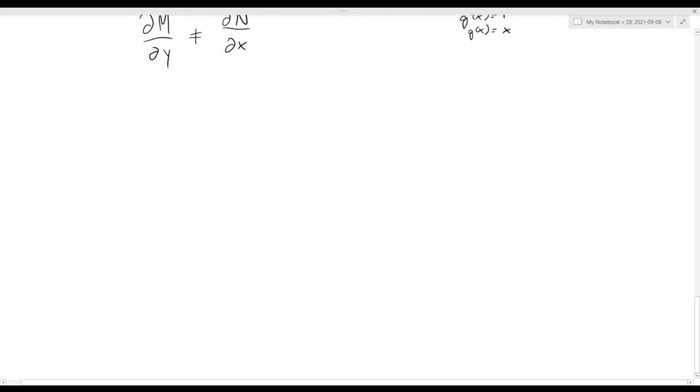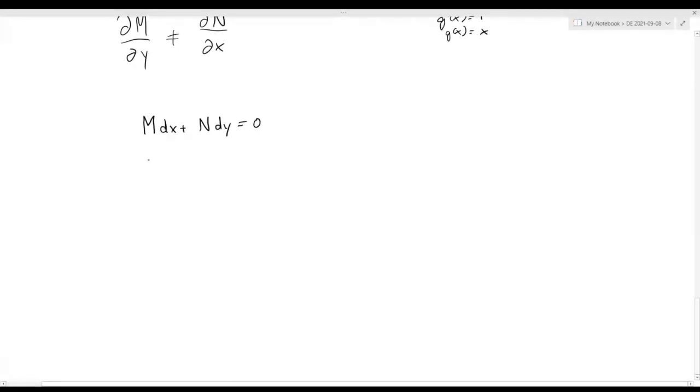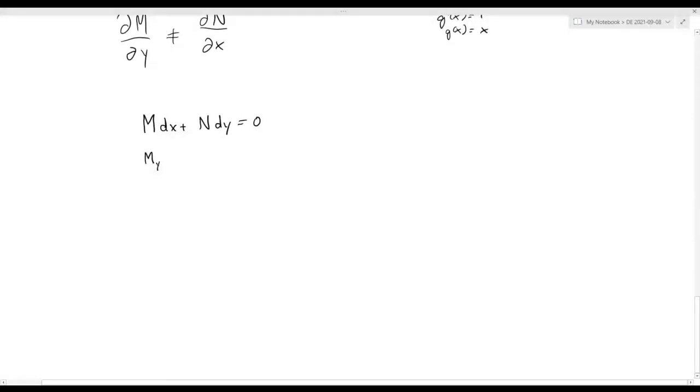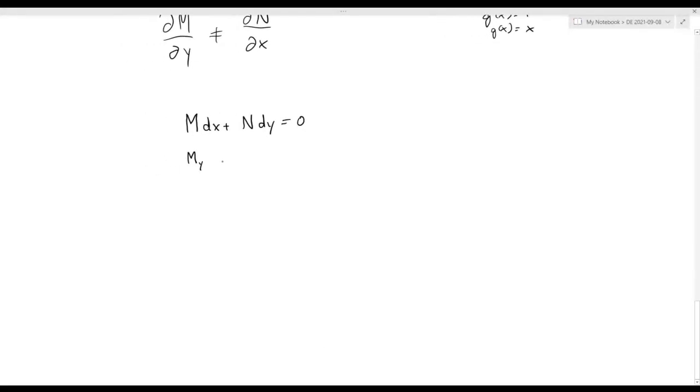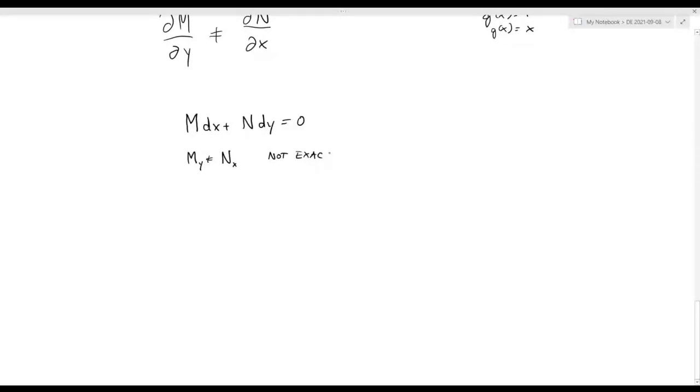If it's not exact, then we can try to find what we call an integrating factor. So suppose you do this test for exactness. So you have the derivative of M with respect to y, and then the derivative of N with respect to x. And these are not equal, so our differential equation is not exact.